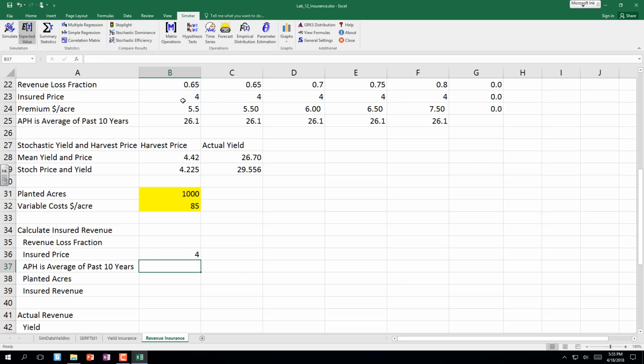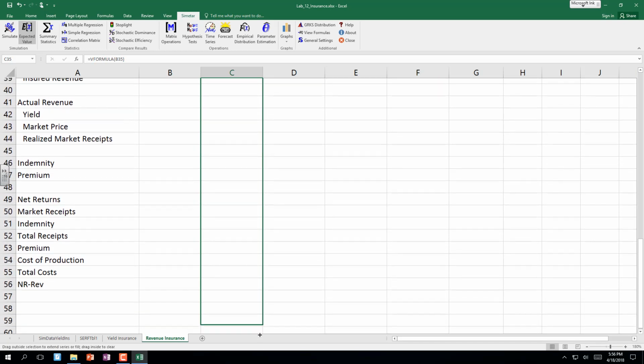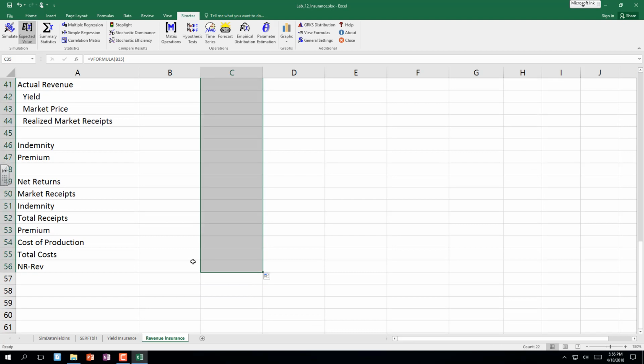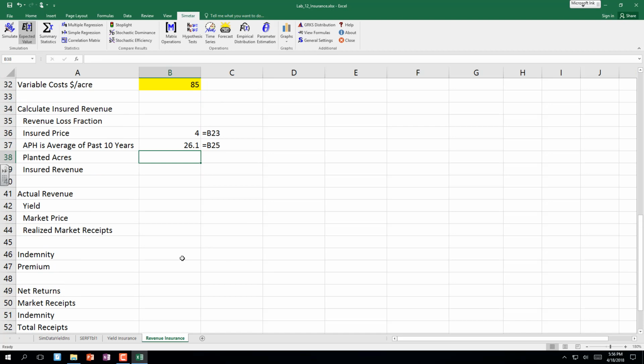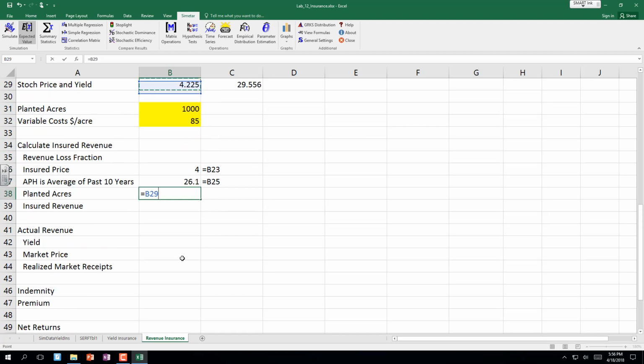The APH equals B25. Oh, let's put some B formula in there. And I'll just run that all the way down, so it'll automatically fill as we go. Planted acres, that's equal to that 1,000.